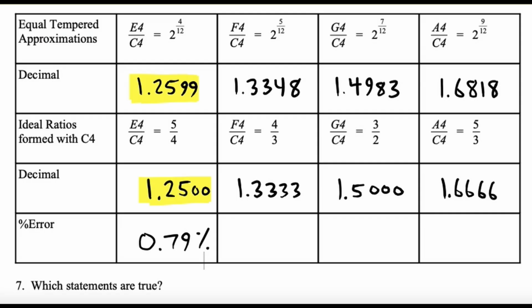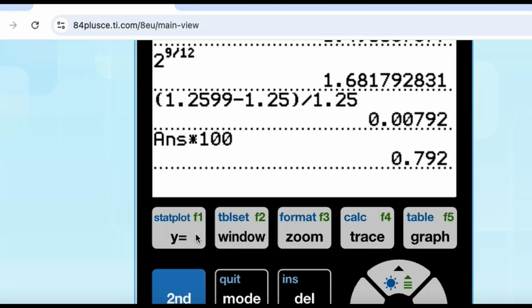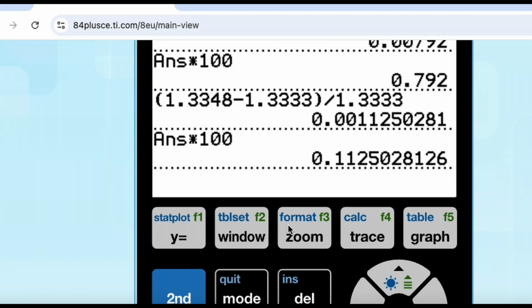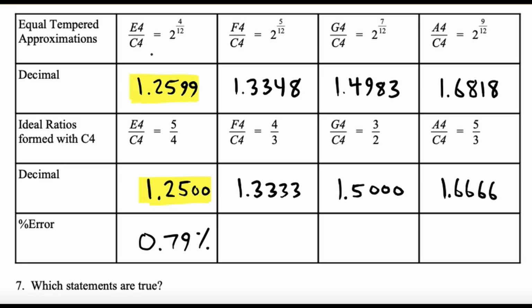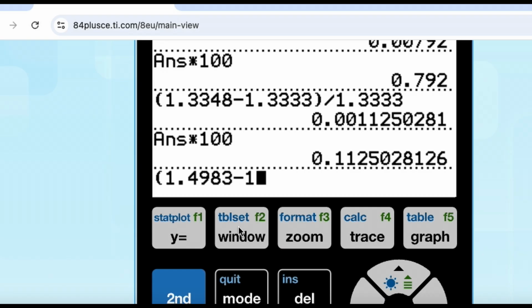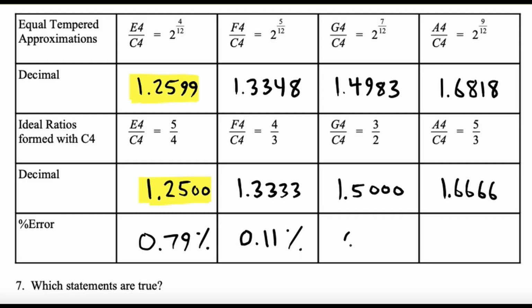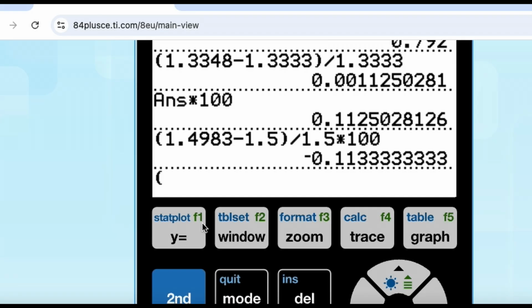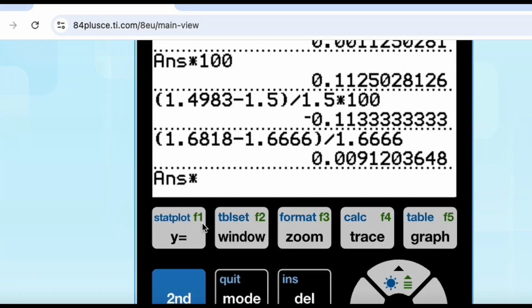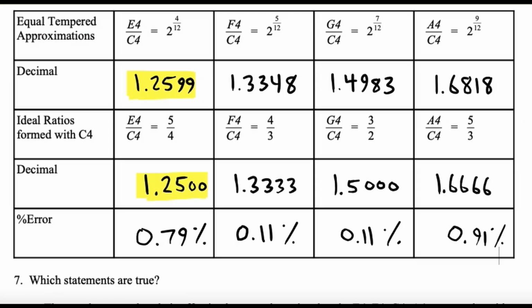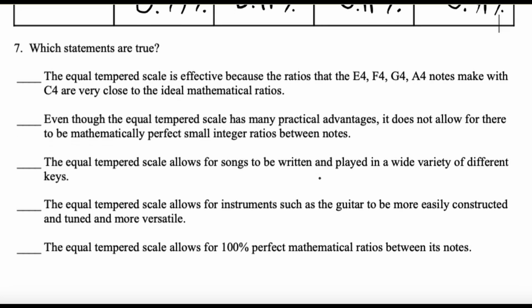Okay, now let's try 1.3348 with 1.33. It's 0.11% for that one. Very close. 0.11 for this as well. And 0.91%. Perfect. Now let's answer the questions about it.